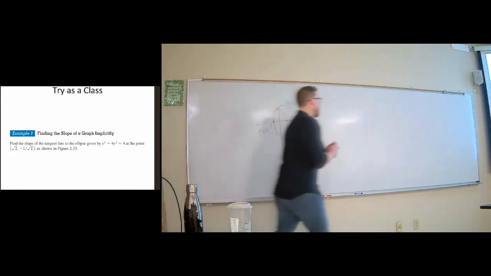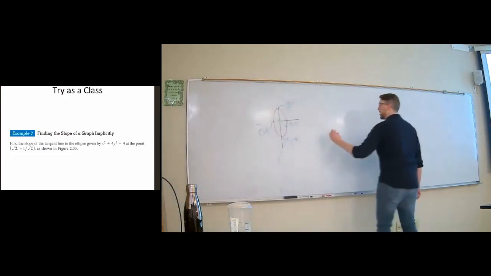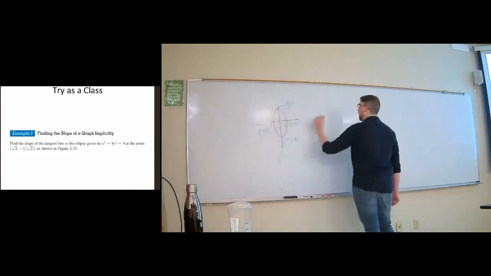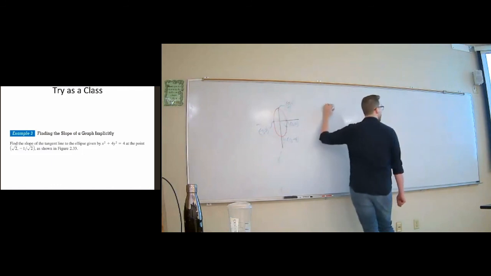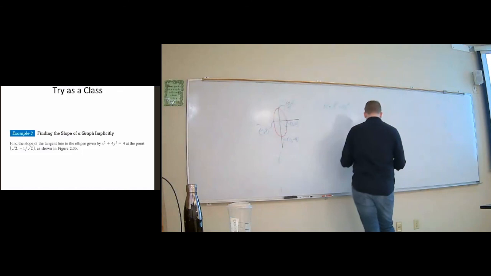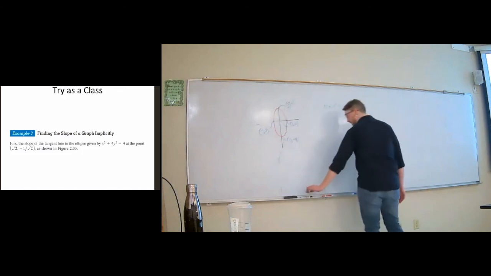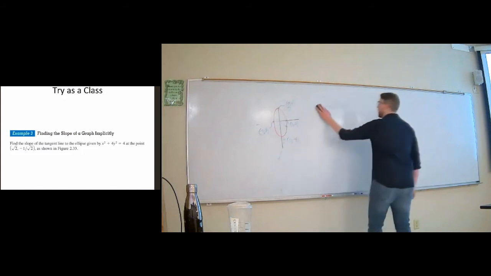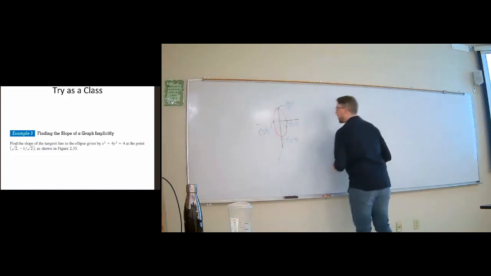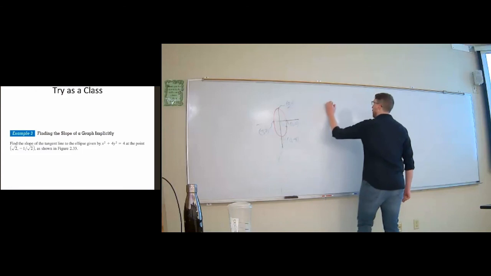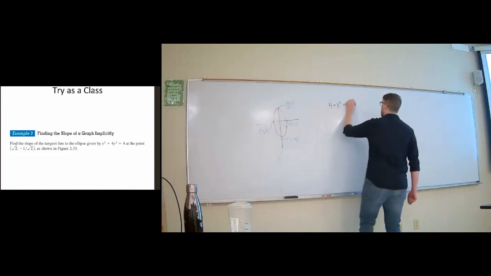All we know is that this graph is the result of this particular equation, x squared plus 4y squared. I don't think the folks at home can see that, so let me use black again. 4 is equal to x squared plus 4y squared.